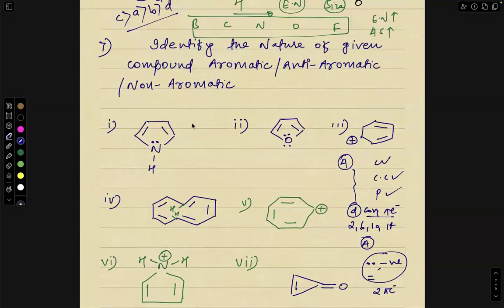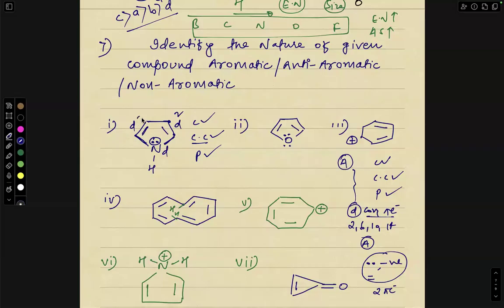So look at the first case. It is cyclic and conjugated. It means the entire ring has resonance. You can check lone pair, single, double, single, double, single, and again lone pair. So this is cyclic conjugated. Whenever a system is cyclic conjugated, 99% it would be planar. Now the conjugated pi electrons, how many do we have? This is delocalized, this is delocalized, this lone pair is also delocalized.